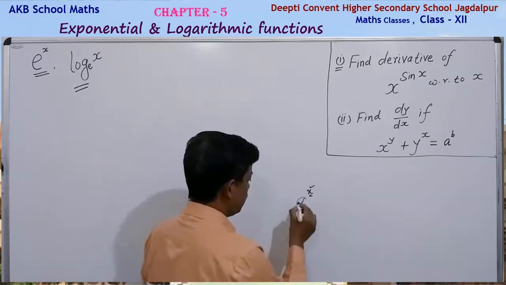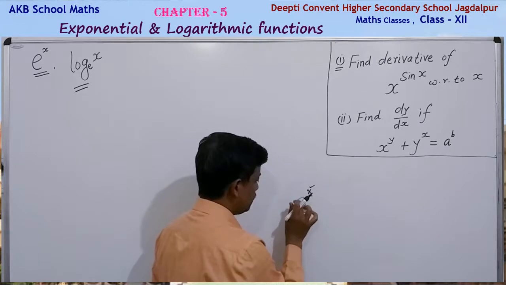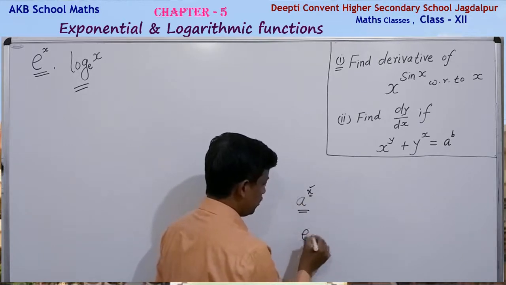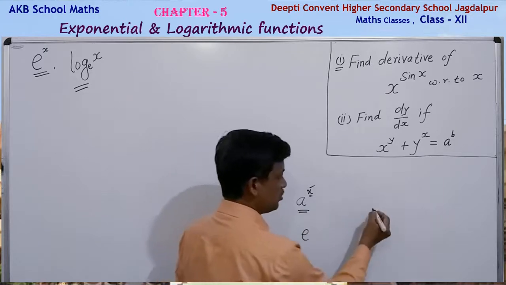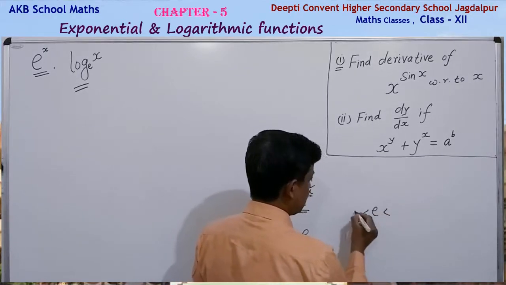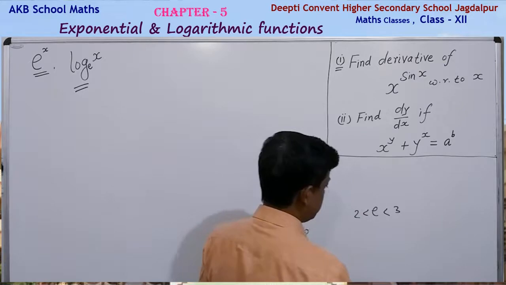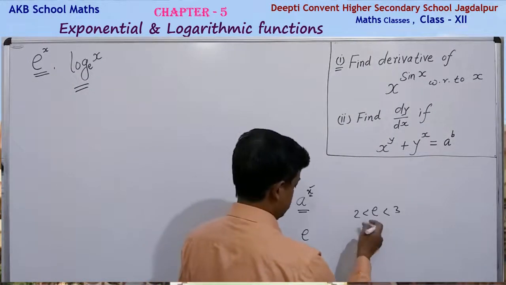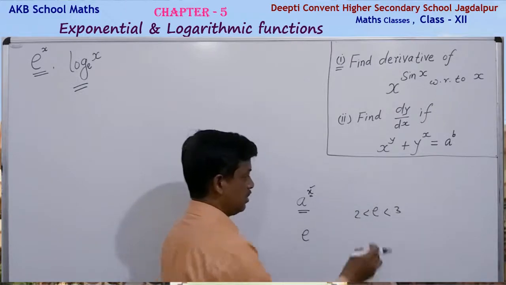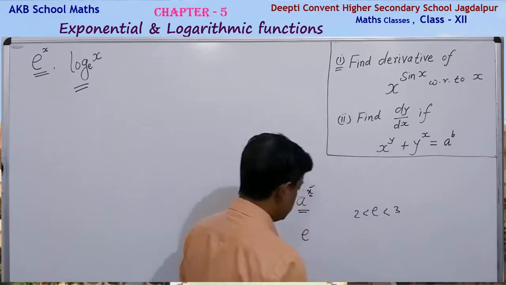When we take e in place of a, we get the exponential with base e. You know from the previous class that e is a number that lies between 2 and 3.